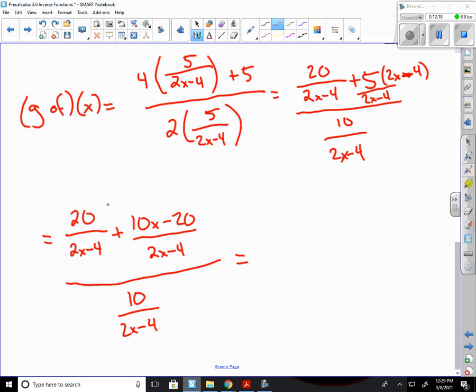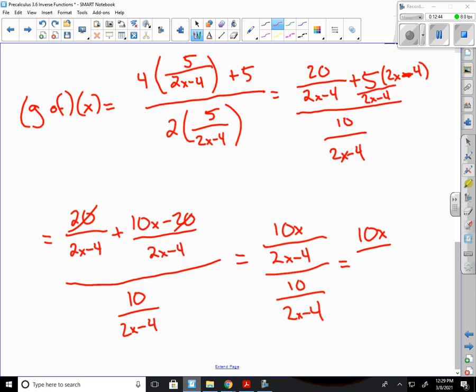Combine my terms on the top. 20 plus 10x minus 20. That 20's cancel. I'm left with 10x over 2x minus 4 over 10 over 2x minus 4. Now I have a fraction over a fraction, so I flip the bottom and multiply.